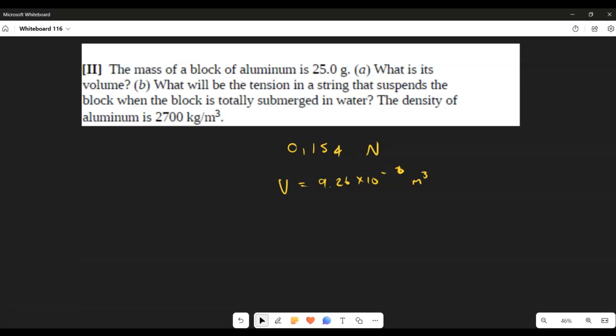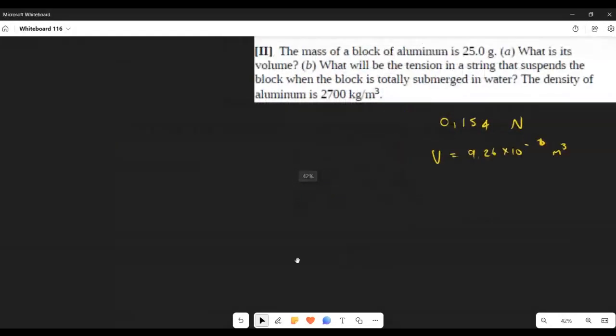When it's fully submerged, that's debatable. And when it's floating or partially submerged, this is when we make the forces equal to each other. So I'll say that again. Typically, when it's totally submerged, we look at the densities, and when it's partially submerged, we can just equate the two together. I hope that's clear to everyone.